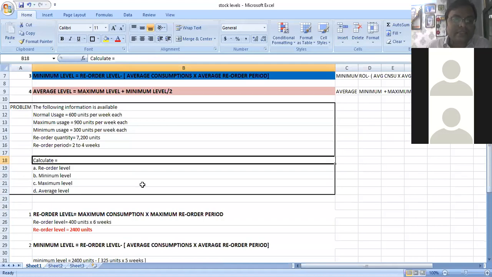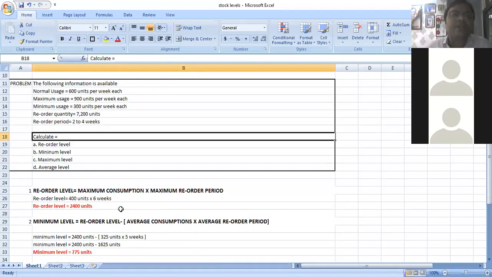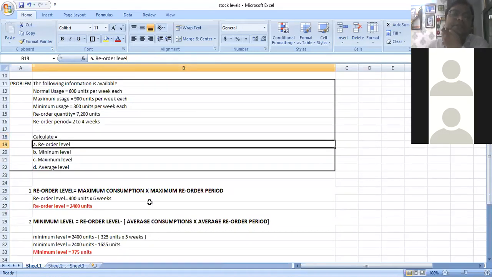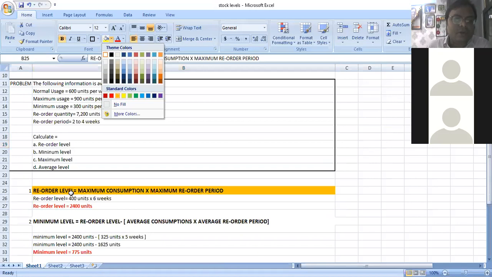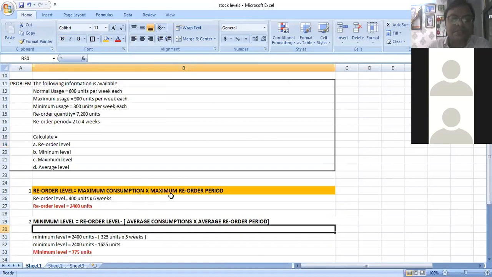Now, students, let us see the first one, the reorder level. What is the formula for reorder level? Reorder level is equal to maximum consumption into maximum reorder period.